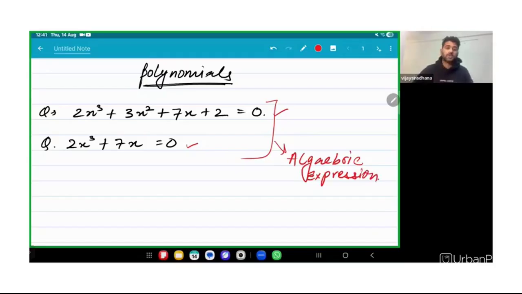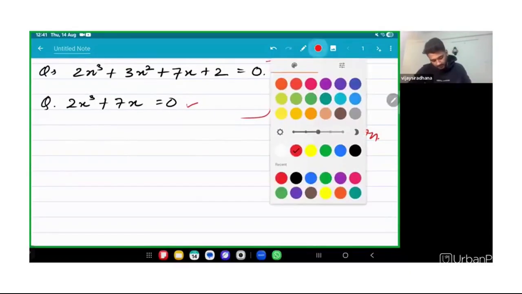Then what about the polynomials? What do you mean by the polynomial? So student, polynomials are the subset of the algebraic expression. Then you might get worried or wonder what polynomials means.